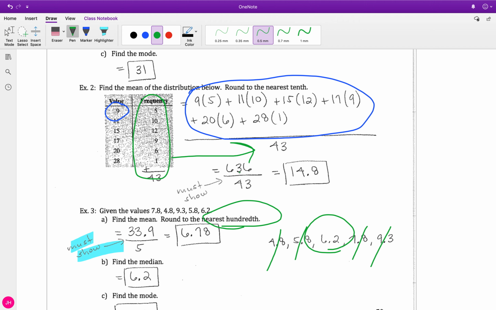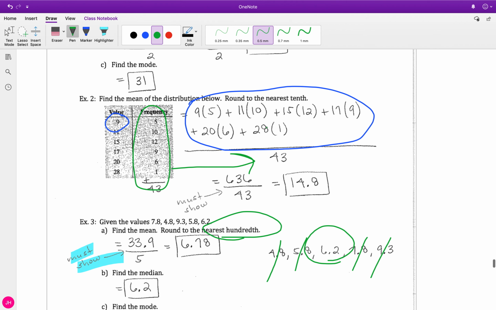So that's what I'm going to put in my denominator. Again, if you're turning anything in by hand for me to grade, you have to show this step. Or one of these two steps, I should say. So then 636 divided by 43. I'm going to read the directions really carefully with all these rounding things. The tenth is 1 decimal place, so 14.8.